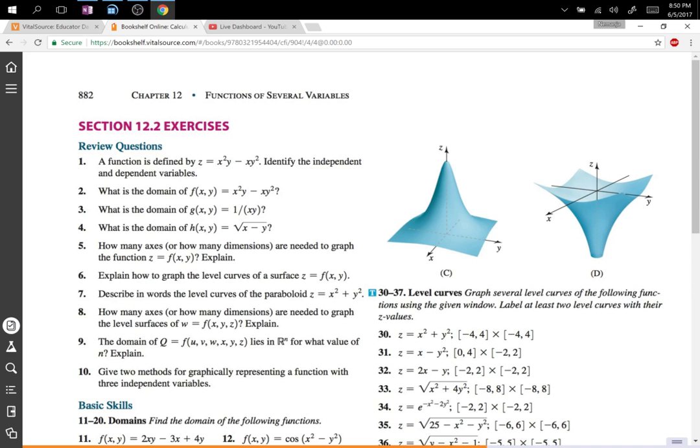So I hope you're not disappointed, but that's what we have. We defined a function. We talked about the domain and the range. We talked about how to graph the functions by looking at side cuts.